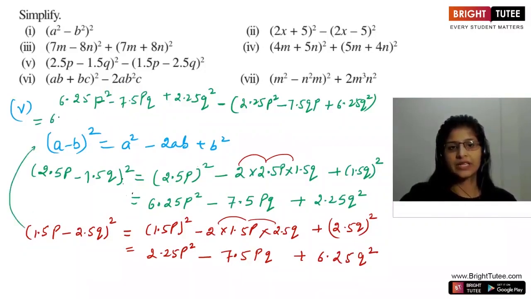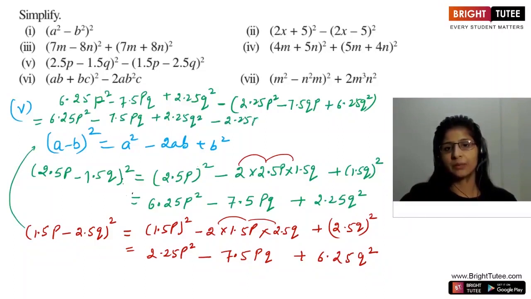We'll get 6.25 p square minus 7.5 pq plus 2.25 q square minus 2.25 p square. Are you getting here? Then we have minus minus plus 7.5 pq, and minus plus is minus 6.25 q square.